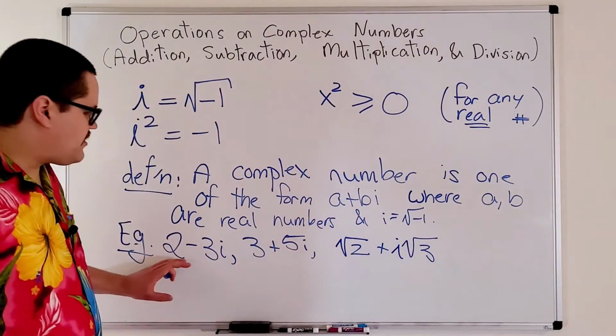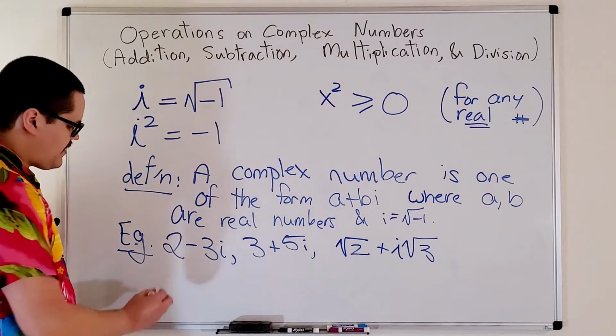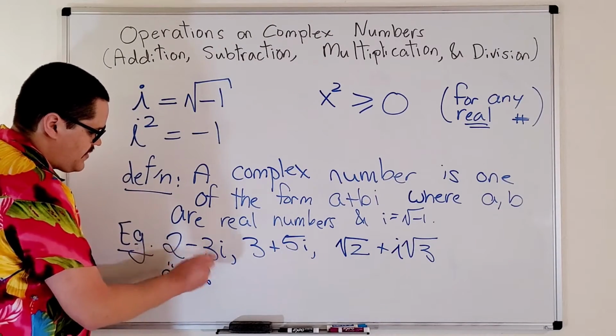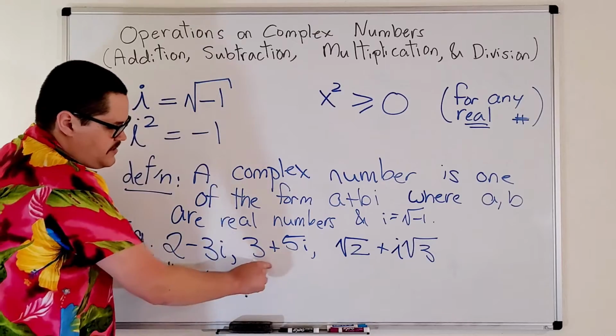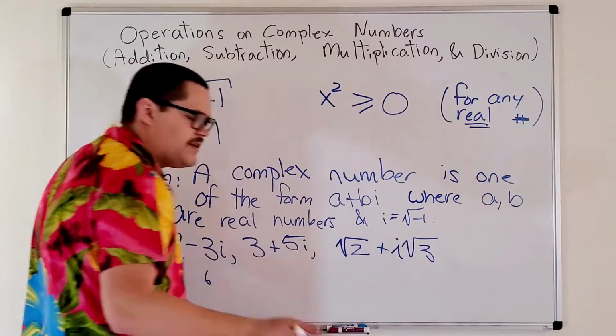Right, so all of these are of this form a plus bi. For example, here a is 2, b is -3, a is 3, b is 5, a is √2, b is √3, etc.